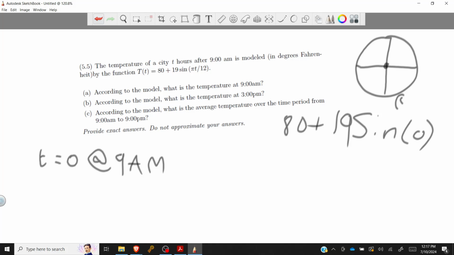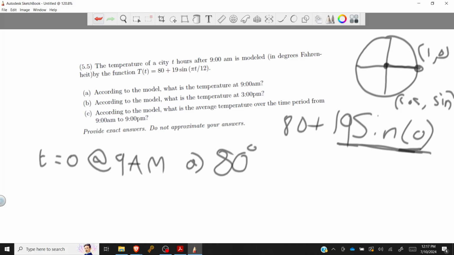And with the unit circle, cosine is the x coordinate and y is the sine coordinate. So at an angle of 0, you'll have an x of 1 and a y of 0. So sine of 0 is 0, 19 times 0 is 0, plus 80. So the answer for part A is 80 degrees Fahrenheit.